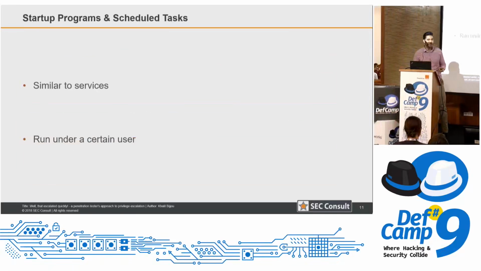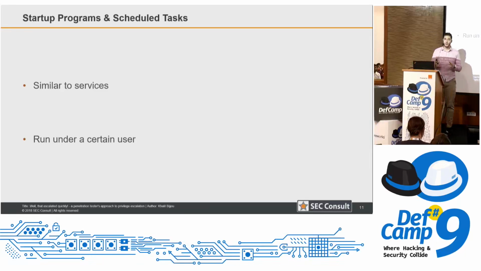And the last two things that are important are startup programs and scheduled tasks. Startup programs and scheduled tasks are very similar to services. The difference between startup programs and services is that services are managed by the service manager, while startup programs are not.